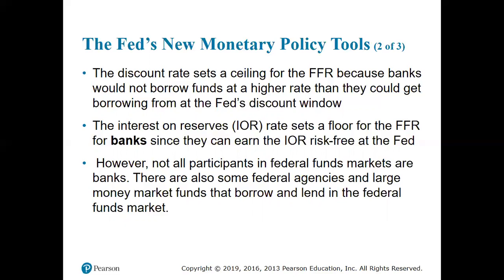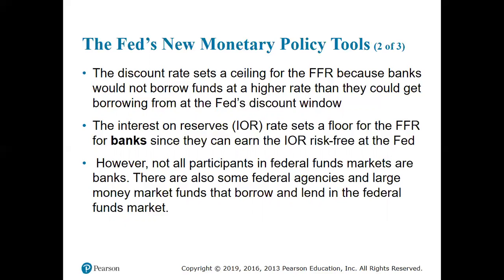Now, the second rate, the interest on reserves, or IOR, sets the floor for the Fed funds rate for banks, since they can earn the interest on reserves risk-free at the Fed. So again, they aren't going to lend in the Fed funds market at any rate lower than what they can get from the Fed risk-free.